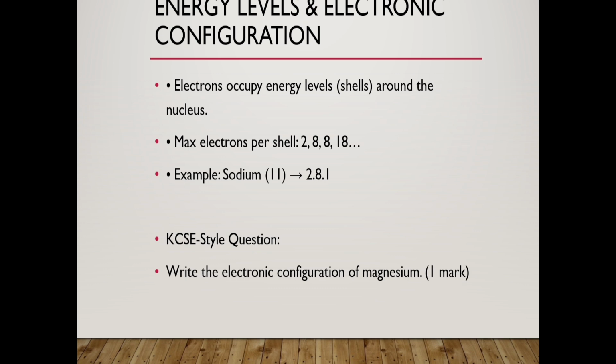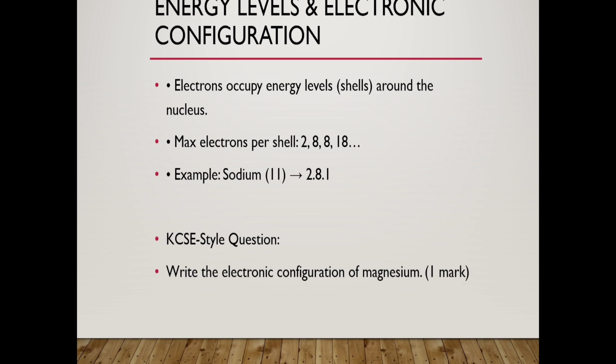The second energy level usually takes a maximum of 8 electrons. The third one takes 8 electrons as well. The fourth one usually takes more than 8; it takes a maximum of 18 electrons. But for KCSE purposes, we usually look at only the first 3 energy levels. We don't concentrate on the fourth one.